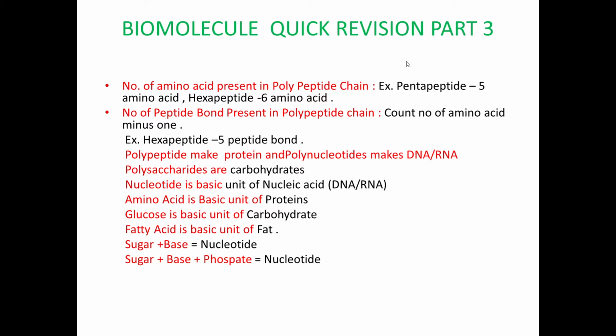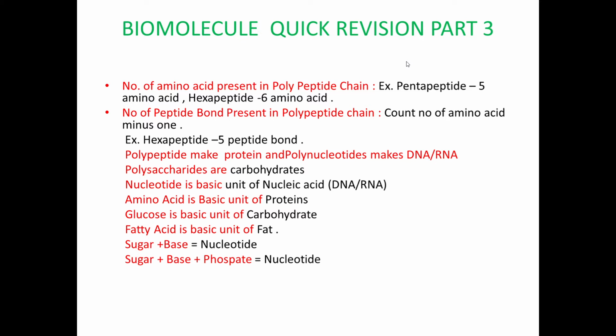In continuation with biomolecule quick revision, I am going to discuss the different questions that may be asked in your different exams like CBSE chemistry exam, CBSE NET exam, GATE exam, or any competitive exams.